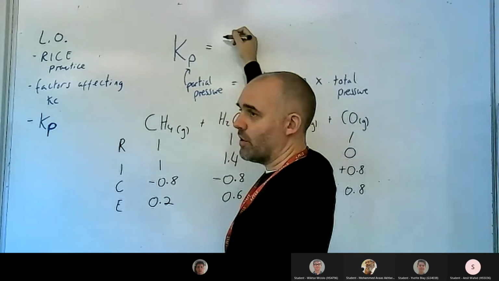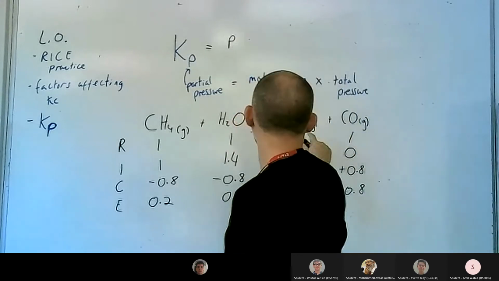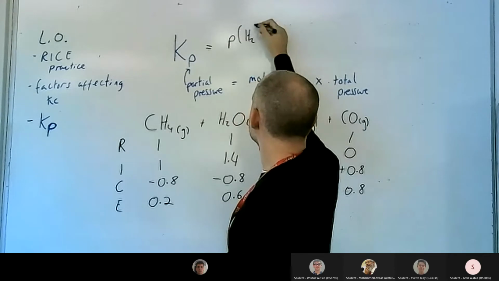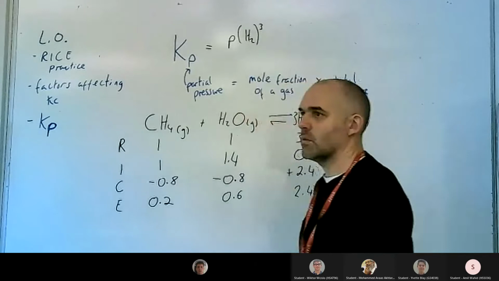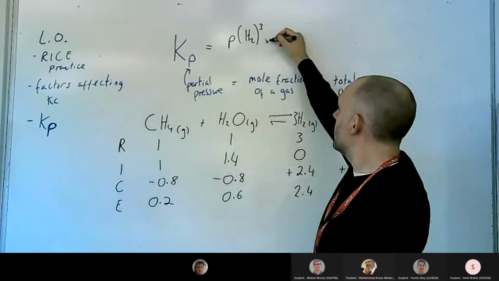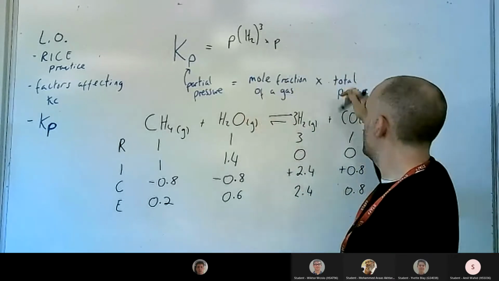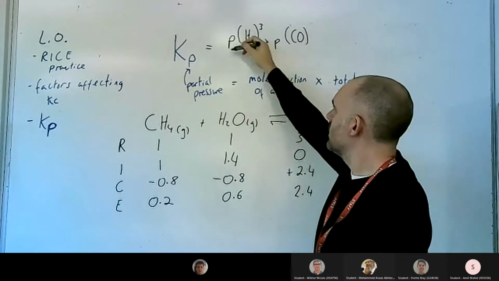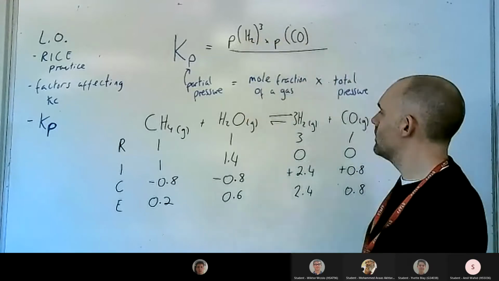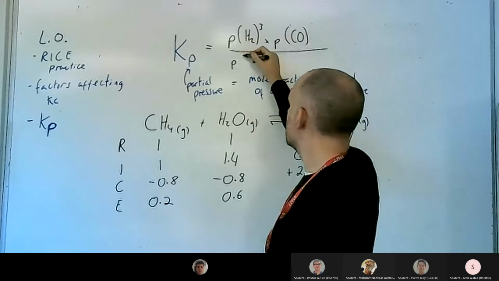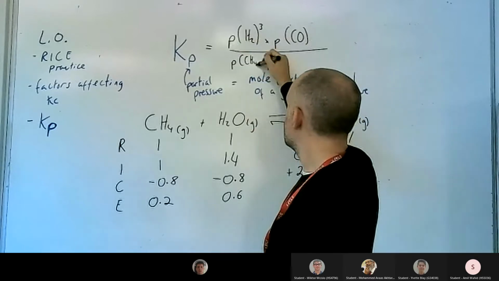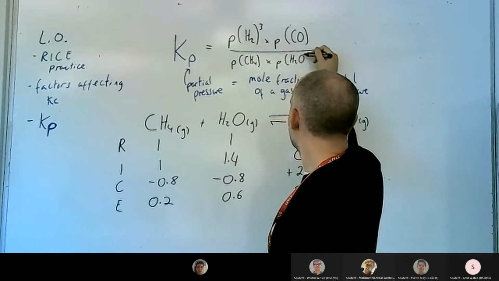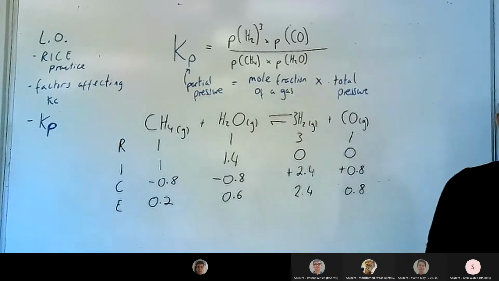You put the partial pressure of H2 cubed times the partial pressure of CO, to the power 1, over the partial pressure of CH4 times the partial pressure of H2O.